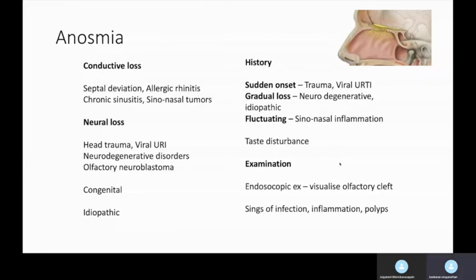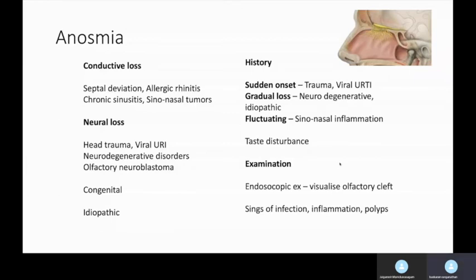There'll be a fluctuating hyposmia or anosmia, and also getting a normal sense of smell. This is typical of an inflammatory or infective pathology. And it's important to remember that olfactory disturbances are always associated with taste problems as well. So patients will present with both problems.